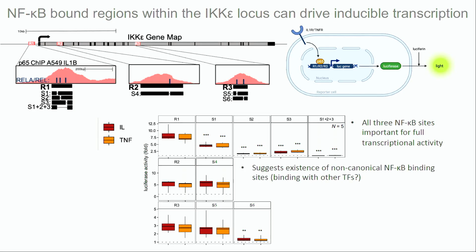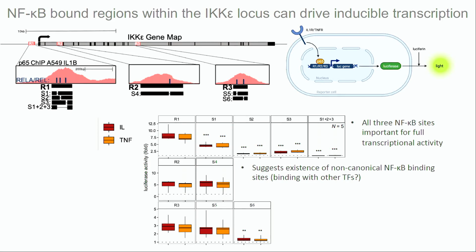In that second region, although this was a pretty weak NF-κB binding site, it barely looked like one when you look into the actual sequence, I tried to delete it and nothing happened. So this does suggest the existence of non-canonical NF-κB binding sites. Potentially p65 could be binding with another factor so that those sites look a little bit different.